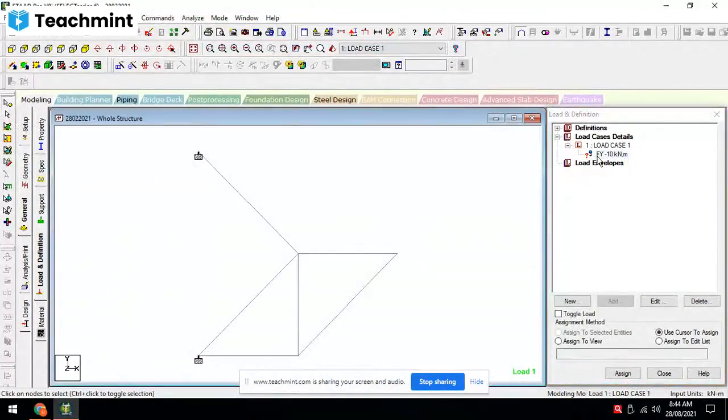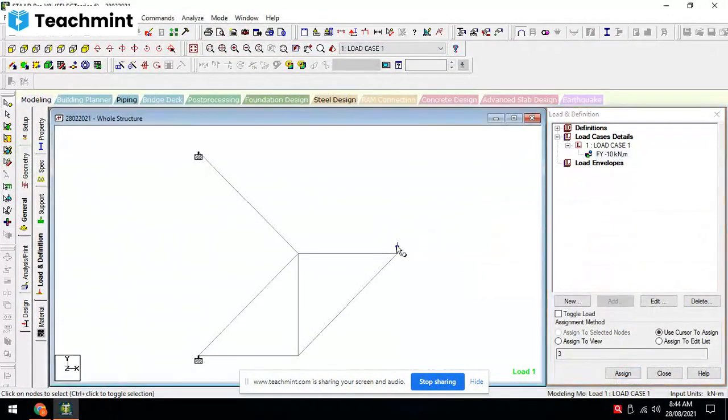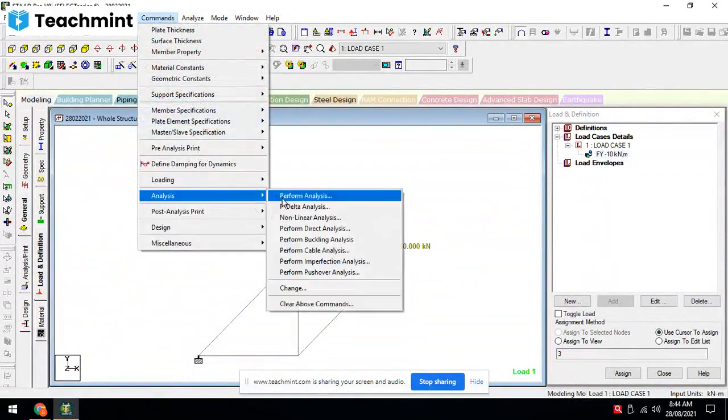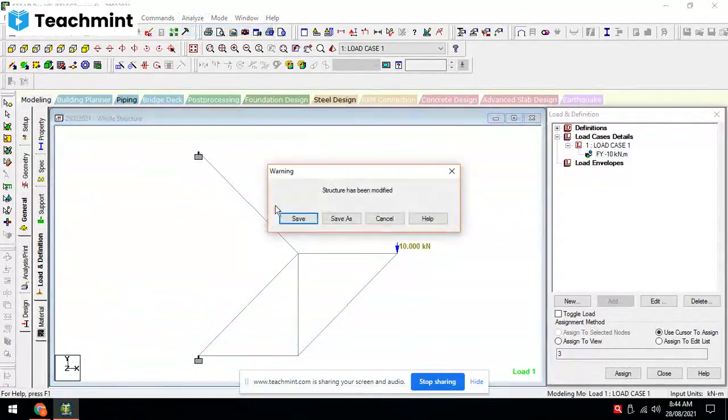So it is P. I will replace P as 10 kilonewton. So we'll check whether the answers are matching or not. Shift V. And then command, perform analysis, all. Okay. We'll check whether we got the result or not.